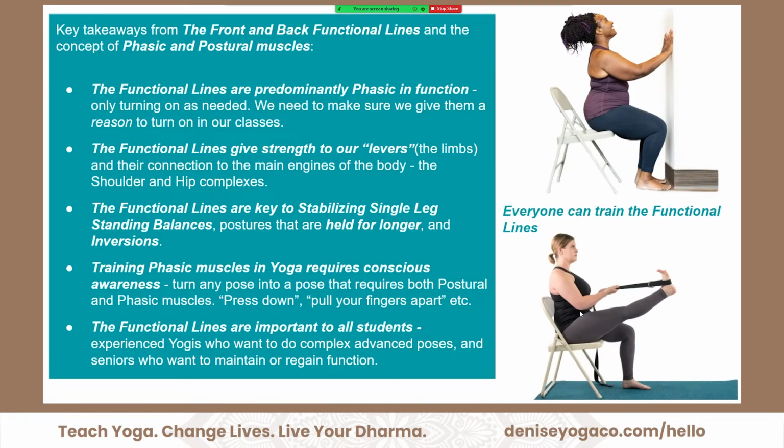You would notice that if you lifted a leg without activating the front functional line, your pelvis would change position. Your pelvis would spill backward. If you want to stay upright like this, you're going to have to turn on your front functional line to lift that leg. So you see, you don't have to be doing a standing balancing pose.